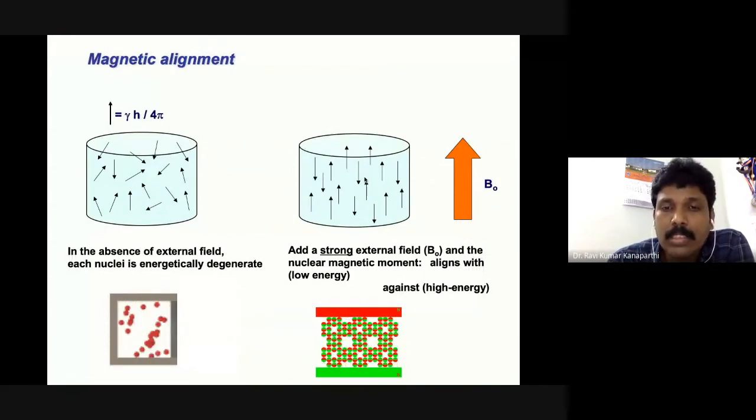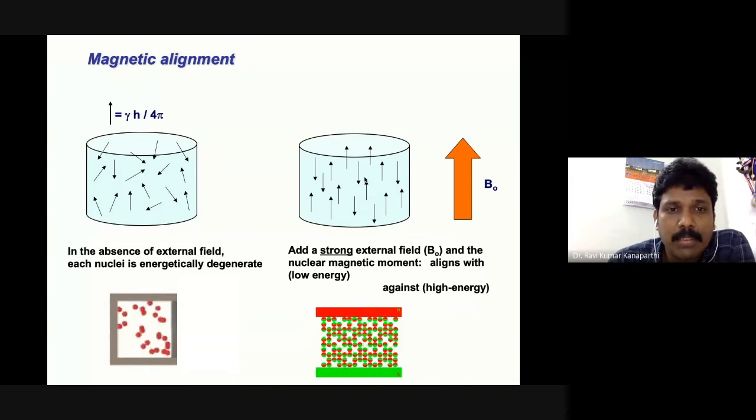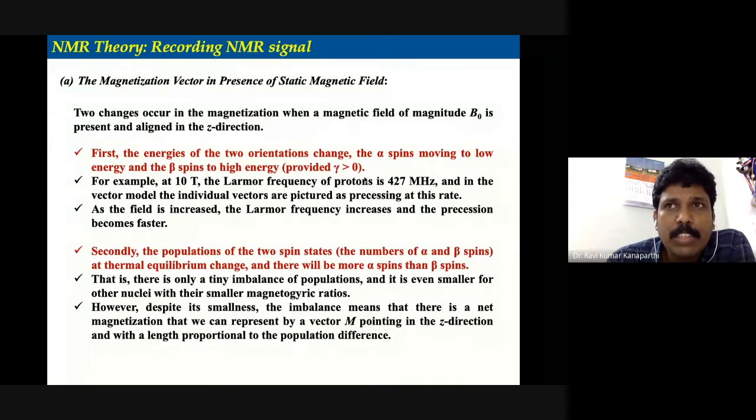So this is the scenario that we see when there is no external magnetic field and when there is an external magnetic field. And the moment you place it in the external magnetic field, if you look at the microscopic level, two things happen. The alpha and beta spins rearrange between the two nuclear spin energy states.